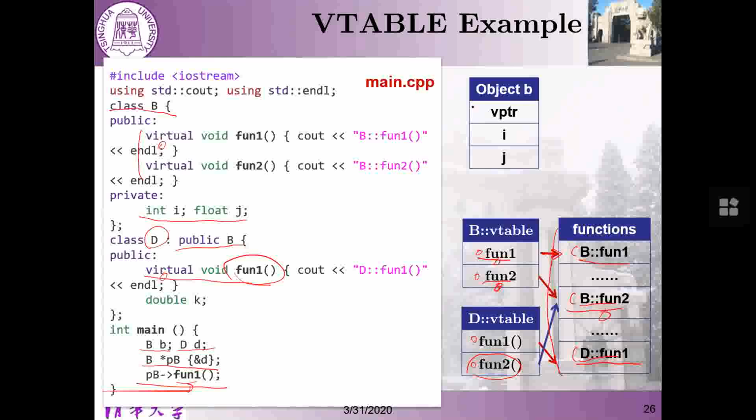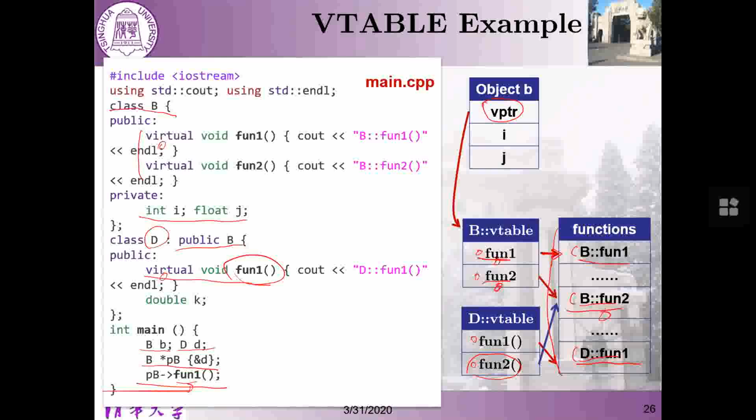Then for this object B, when we construct this object B, there will be a virtual PTR, virtual pointer. This virtual pointer will point to B's V table. If the object is B, and we want to call the virtual function, it will call in this way, right?